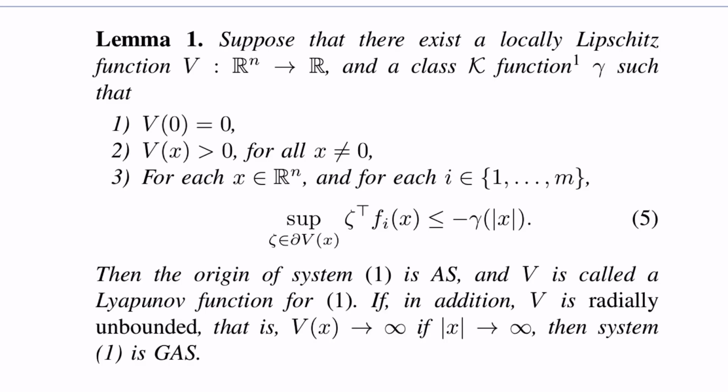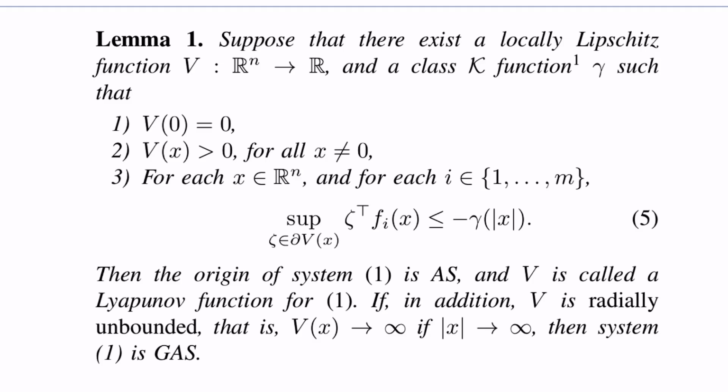We know what that is, we have a separate video about it. And we need to look at those constraints. There are three. This one we are familiar with: it takes value 0 at the equilibrium point, and it needs to be positive definite.